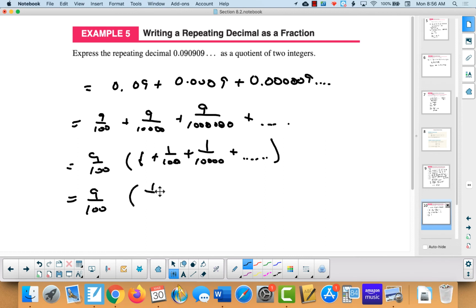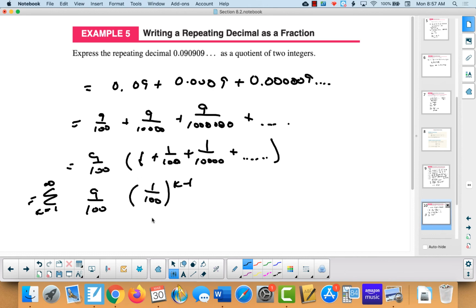This is 1 over 100 to the k minus 1 power, k equals 1 to infinity. So now we have it in the form that we need.